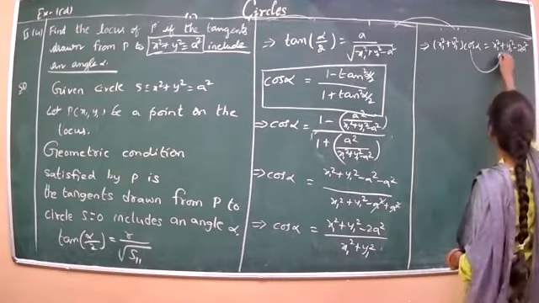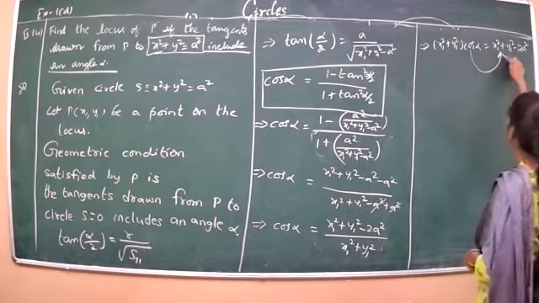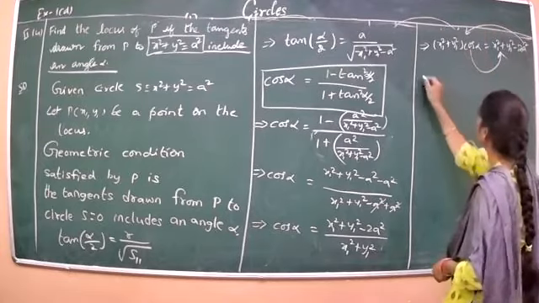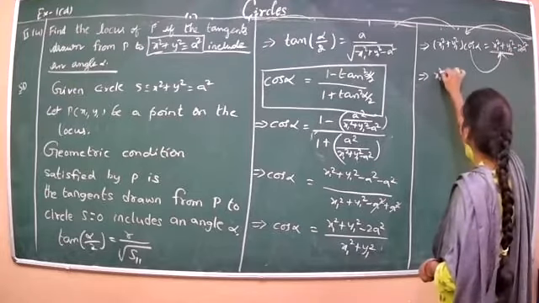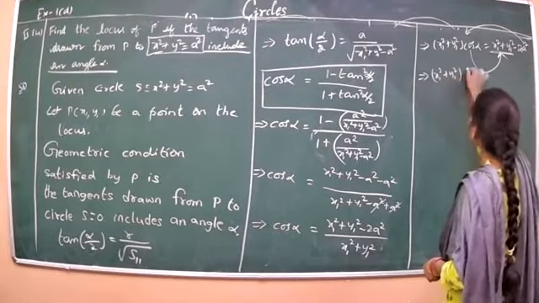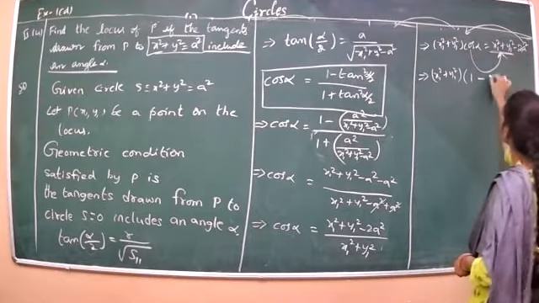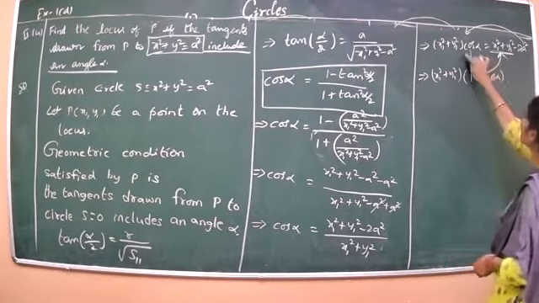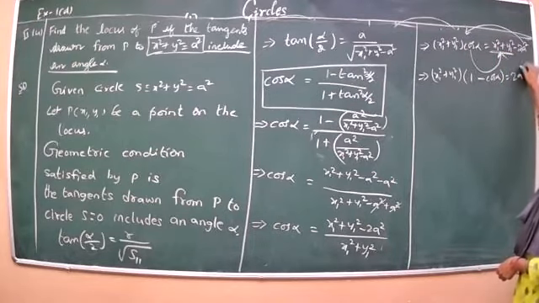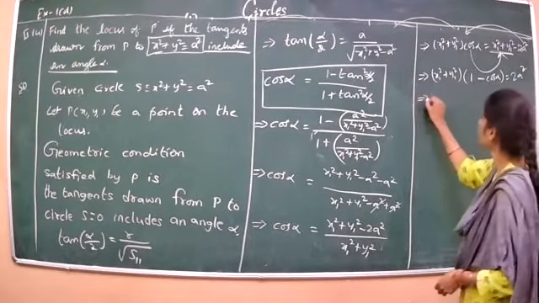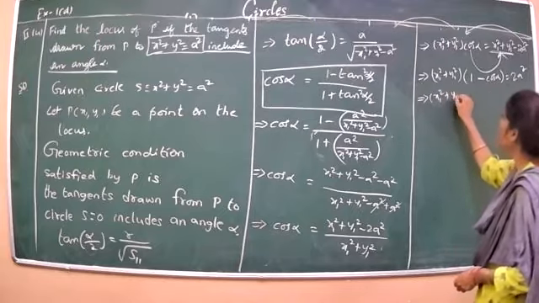Transforming this term to the other side with respect to addition, and minus 2a square to the other side, we will get x1 square plus y1 square common. So it is 1 minus cos alpha, going that side will become plus cos alpha, will become minus cos alpha. Minus 2a square coming other side will become plus 2a square. So x1 square plus y1 square.